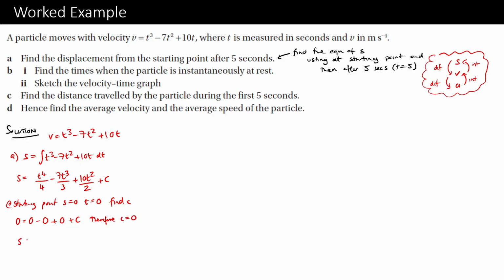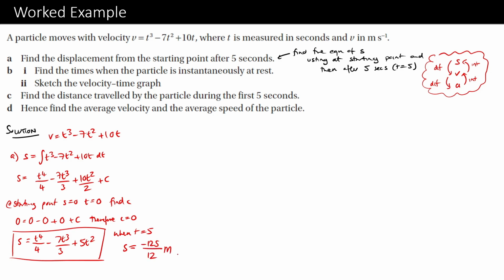So the formula for s is going to be t to the power of 4 over 4 minus 7t cubed over 3 plus 5t squared, and there's my formula for s. All that's left for me to do is substitute t equals 5, and s is going to equal, substituting 5 into that, minus 125 over 12, and that's going to be in meters.